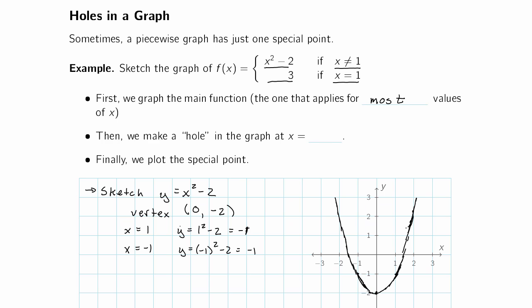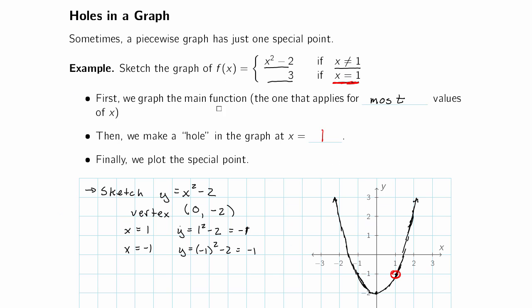we drew a point on our graph that isn't really there. We drew in the point where x equals 1, even though that's really not part of our graph. We want to make a hole in this curve that we just drew at the point where x equals 1. So I'm going to just go to the point on this curve where x equals 1 and make a hole in my graph.